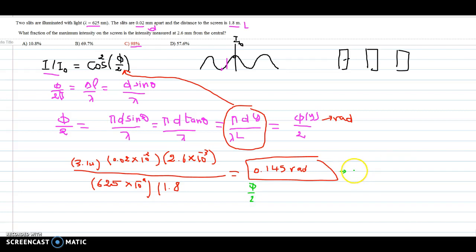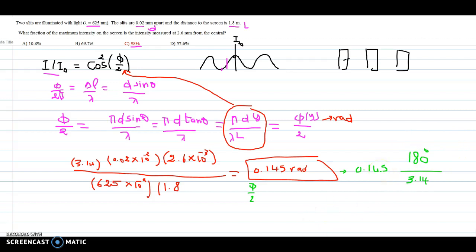So what I'm going to do is multiply 0.145. Since this is radians, I need radians downstairs, which is pi 3.14, and in degrees that is 180 degrees. So radians and radians cancel out. I will have degrees.